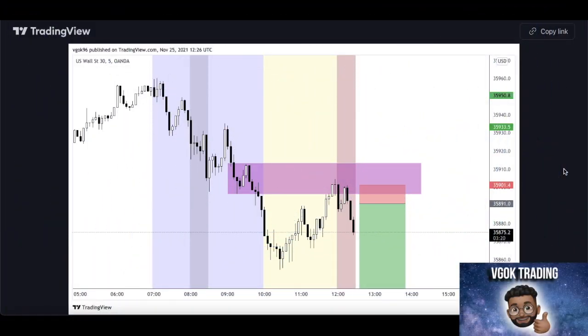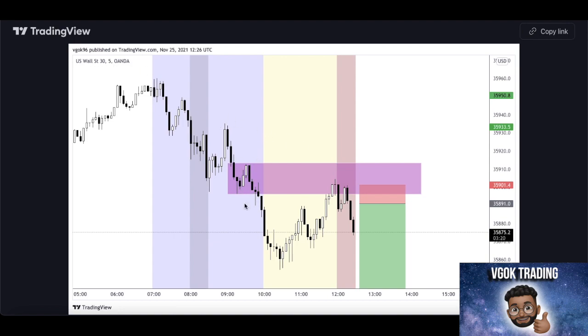So jumping straight into those screenshots for this US30 trade, as you guys can see, the purple box that I have outlined, that is the main point of interest I was basing this sell scenario on. We have that drop, base, drop formation on the 15-minute, I think it was.